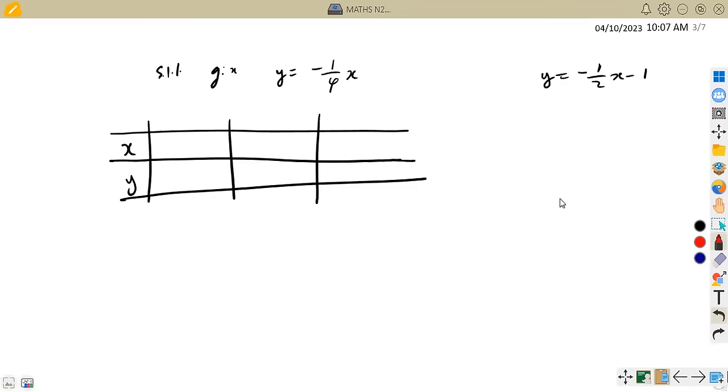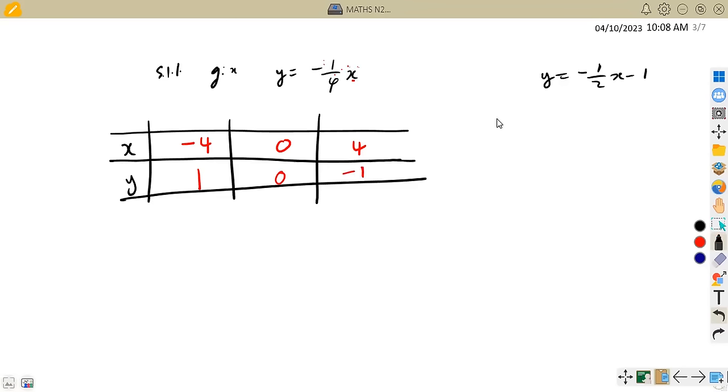Let's say I choose points like x is -4, x is 0, x is 4. I'm going to substitute in x here. When x is -4, that's -1/4 times -4, which is +1. When x is 0, that's going to be 0. When x is 4, -1/4 times 4, that's -1. You can even use a calculator. So this first, you are just substituting.